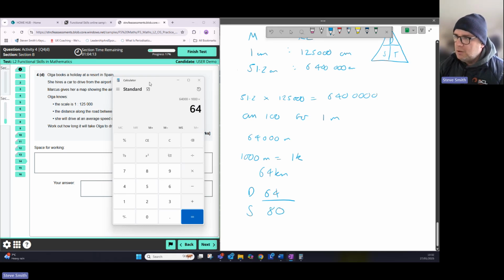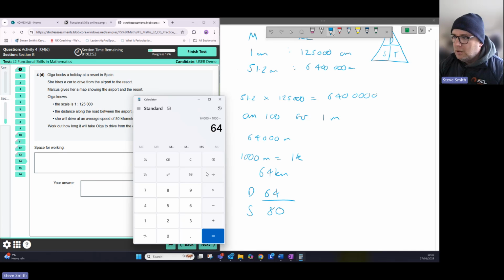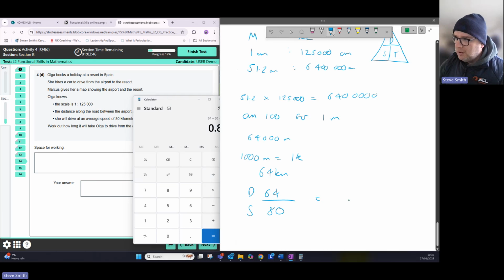So we've got the distance, 51.2 centimeters, and we've changed it to centimeters, meters, kilometers. So we now know that number represents 64 kilometers in real life. They've gone 80 kilometers per hour. So let's divide 64 by 80, and we can see it's taken 0.8 hours.